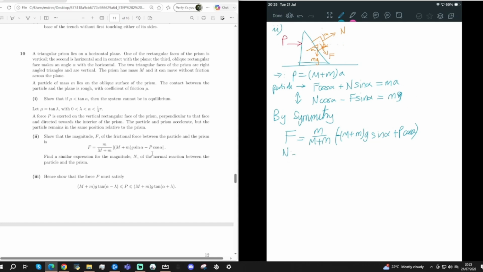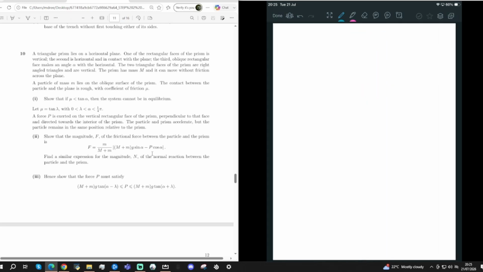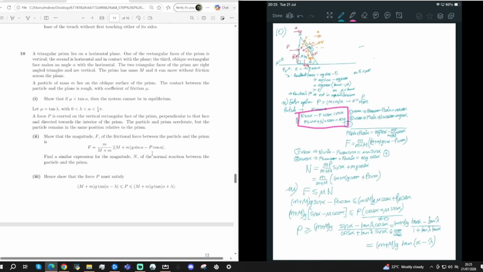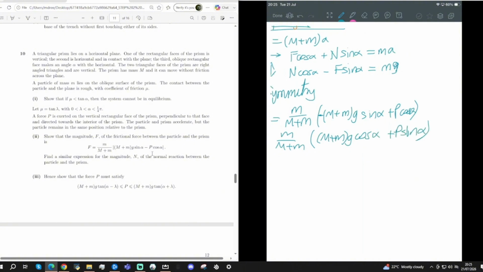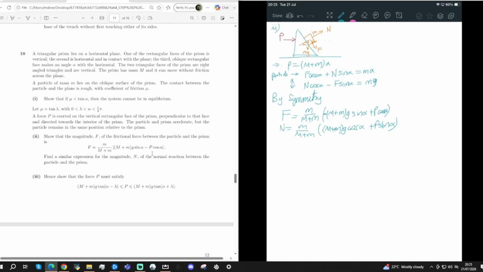And N is still going to be the same as what we had before, everything positive. So (M plus m) g cos alpha plus P sine alpha. So the situation is identical, which is also why the question says show the magnitude of F. It's subtly pointing us in the direction that F could actually have two different values, depending on the direction.